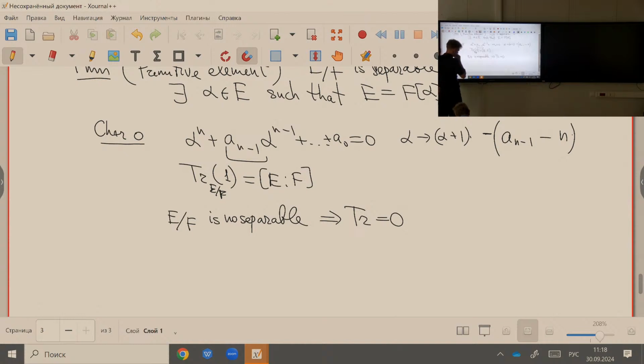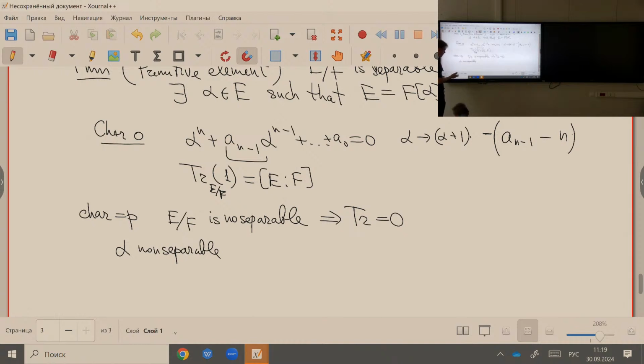So what we have done, if alpha is a non-separable element, when we talk about E over F being non-separable, we're still talking in characteristic p. So I want to prove the theorem that if it is non-separable, then the trace is zero.